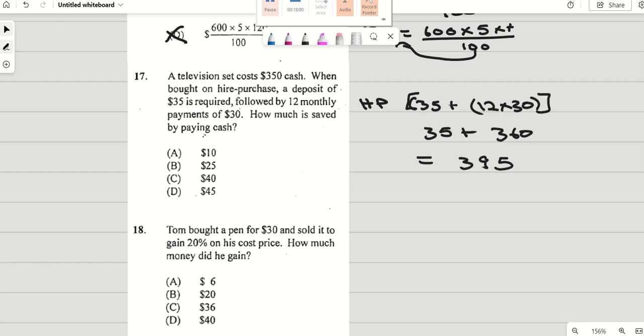If she bought it on cash at 350 and she paid on hire purchase 395, she's obviously paying $45 more. So how much is she saved if she paid by cash? $45.